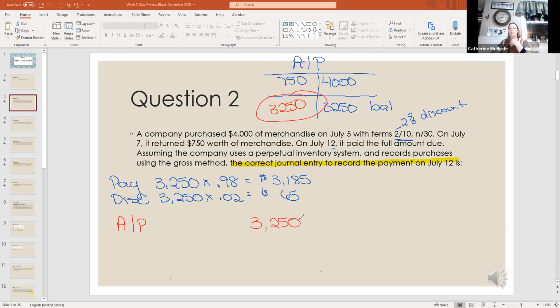So remember that you have to figure out, am I the one that's purchasing or am I the one that's selling? We're the one that's purchasing inventory. So we're going to write the check for $3,185. And the discount, because it's our inventory that we purchased, is going to come out of inventory. We're going to reduce inventory for $65 because we're the purchaser.